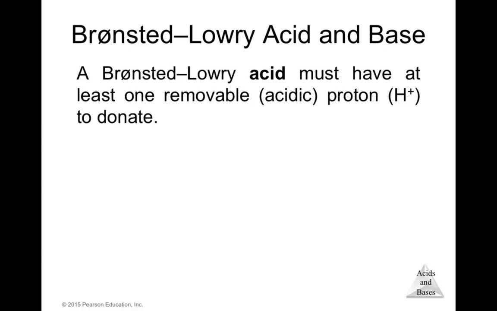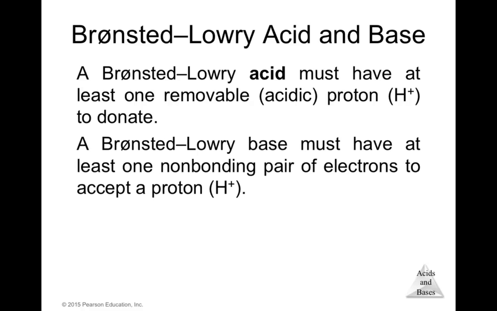And remember that we talked about before that this proton must be in a covalent polar bond, so that there could be a difference in electronegativity and make that proton more available. On the other hand, the Brønsted-Lowry base must have at least one non-bonding pair of electrons to accept a proton, H+.